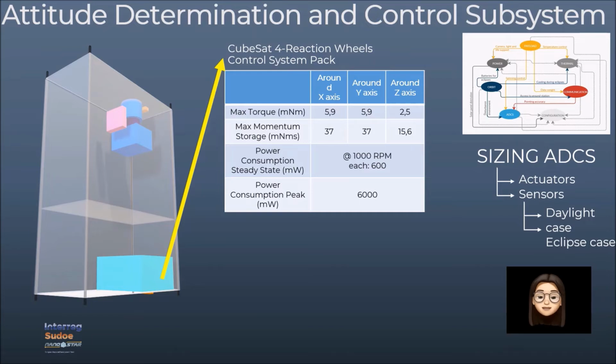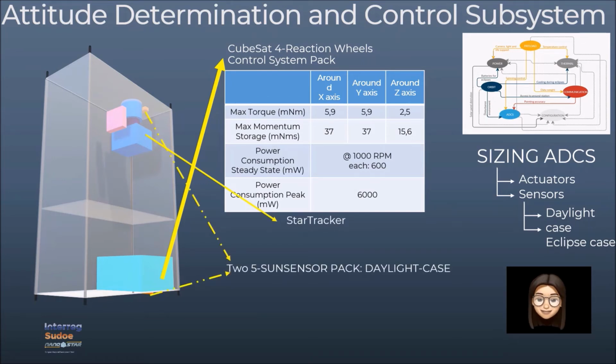According to this, the best option is to incorporate the following equipment: a star tracker to mitigate risks and for further guidance, 2 sun sensor packs on the lower and upper sides of the satellite to ensure the position and orientation of the satellite during the daylight period, and an IMU to ensure the attitude determination in case of eclipse.